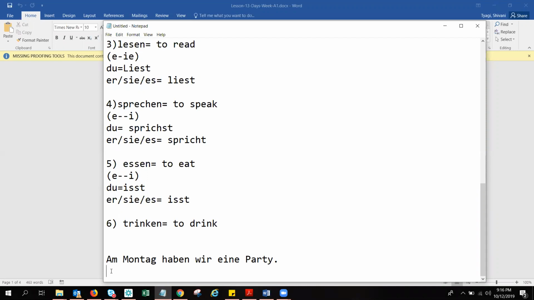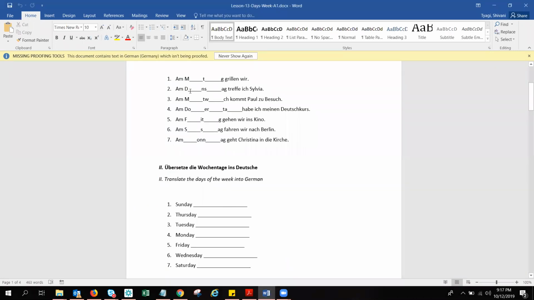The meaning will be the same, and it will be conjugated according to the pronoun, according to the subject, but it will come after the time related words.